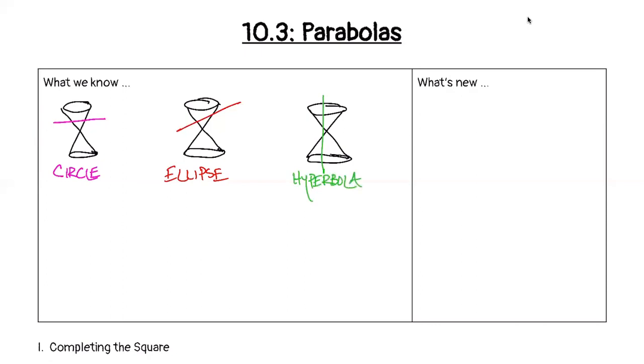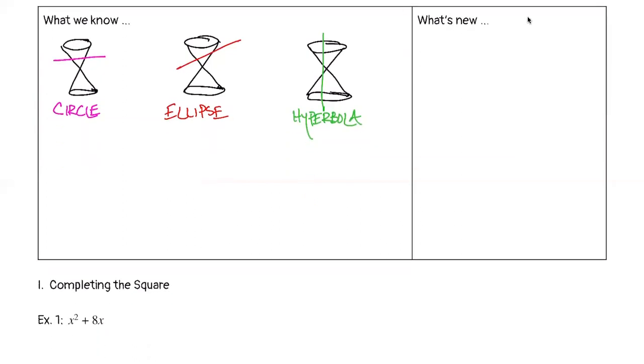And so let's think about what our equations tend to look like for this, all right? So our equations for the circle tend to be something like x minus h squared plus y minus k squared equals r squared, okay? Sometimes we see it that it looks like the ellipse, but the denominators are the same. So that's another way to think about it.